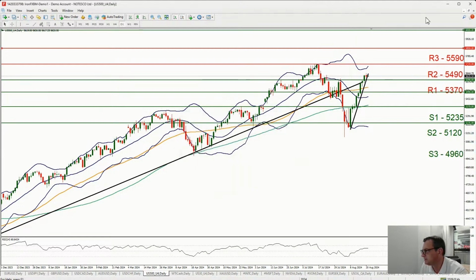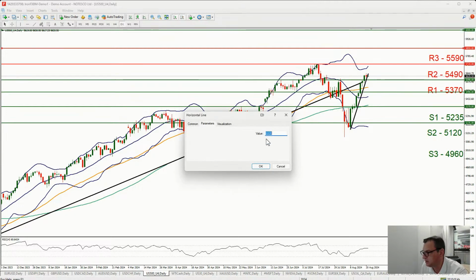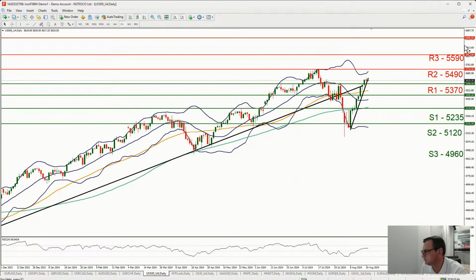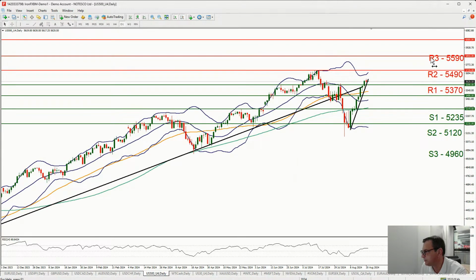We note that the first resistance line marks a record high level. So practically we're entering uncharted waters for the S&P 500 here.